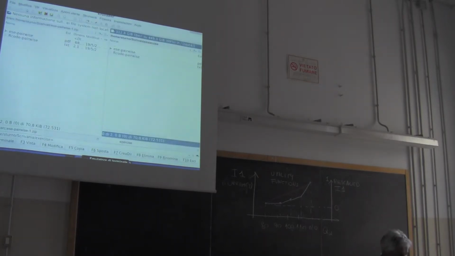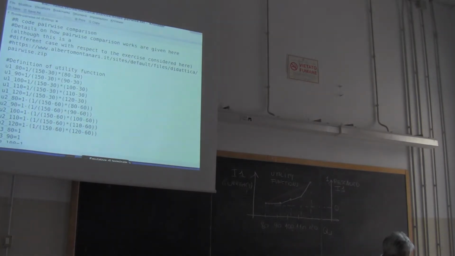So, my R code, here it is. First of all, there are some comments, and you have the address of a file on my website, where you can find more details on pairwise comparison.